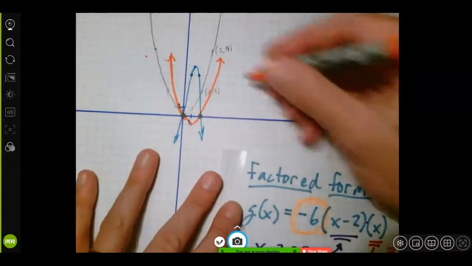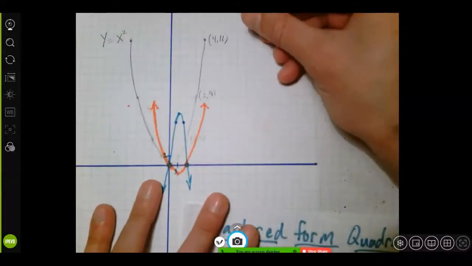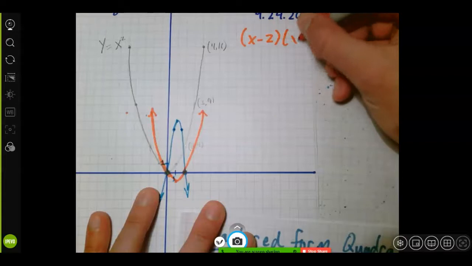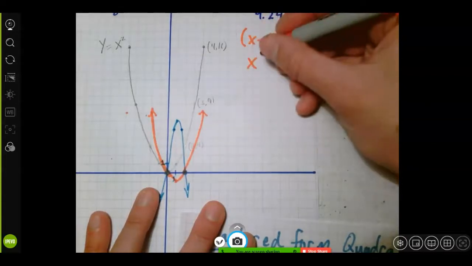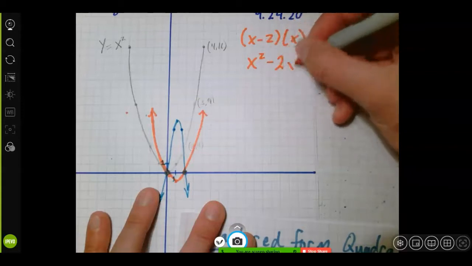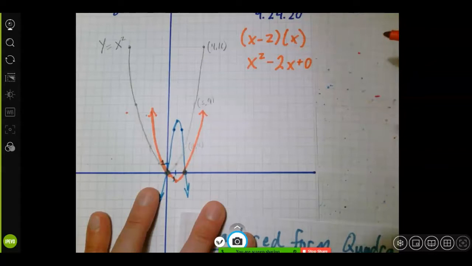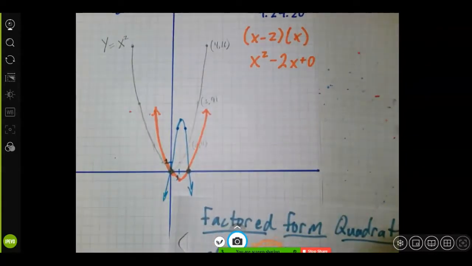So if we want to make a note on this page, just so we have it written down, our orange parabola was x minus 2 times x, or if we actually distribute that out, it's x squared minus 2x. And if we wanted to write it, it's plus 0, right? That's why our y-intercept is 0.